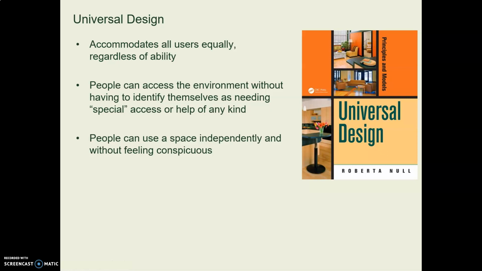Universal design is the goal of allowing everyone to use the space or the object equally, no matter what their particular ability is. They don't have to identify themselves as having some special need.